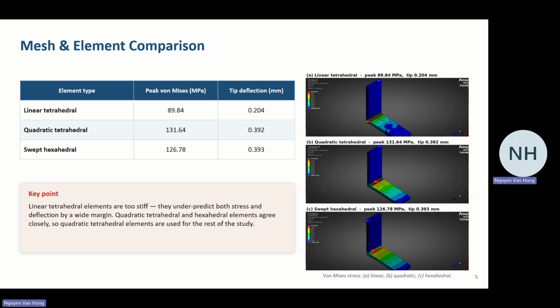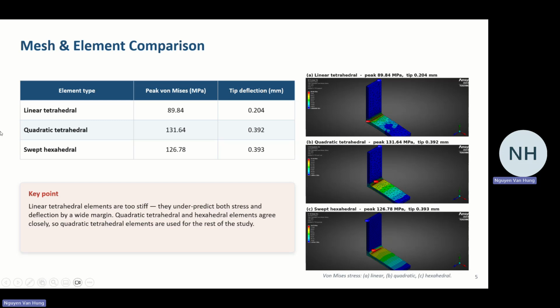This is the element comparison, all on the same R5 geometry. Look at the linear tetrahedron here in the first row. It gives only 90 megapascals and only 0.2 millimeter. Both numbers are far too low because the linear tetrahedron is overly stiff in bending.